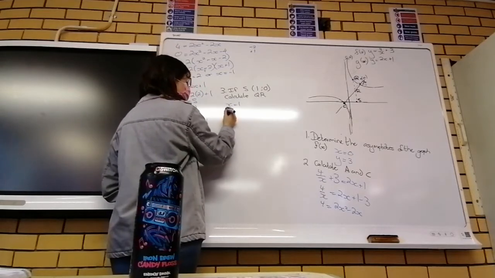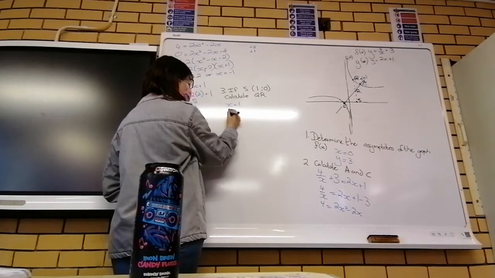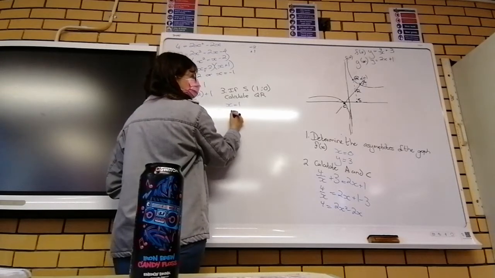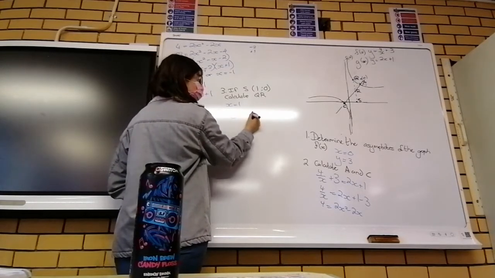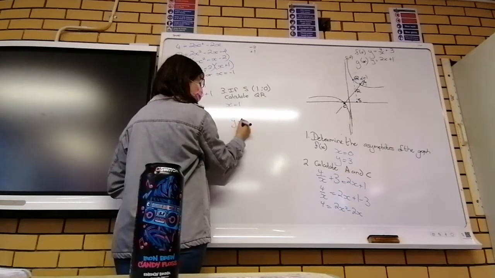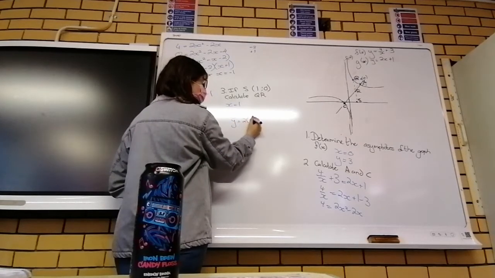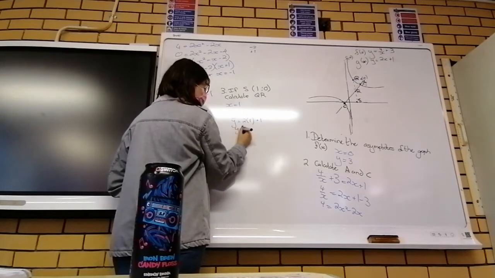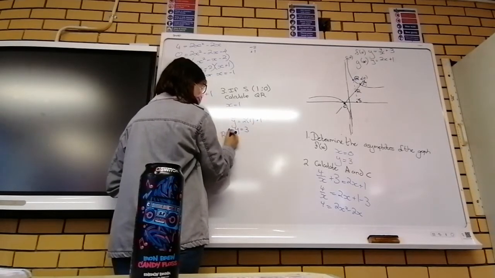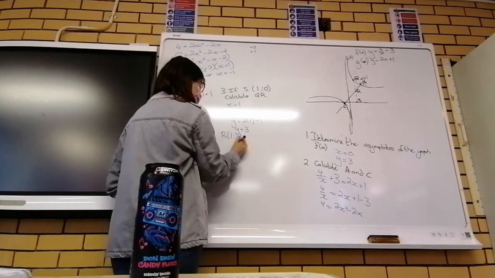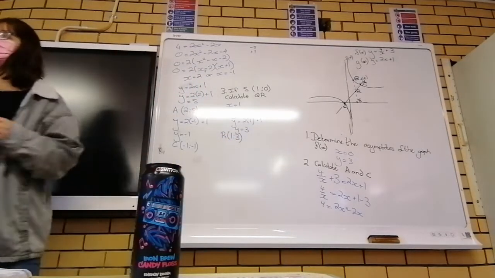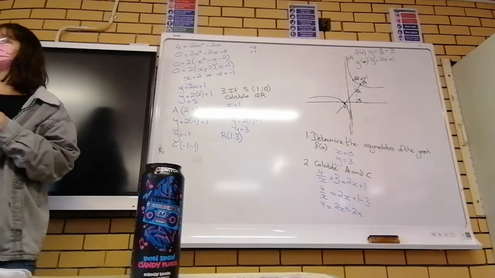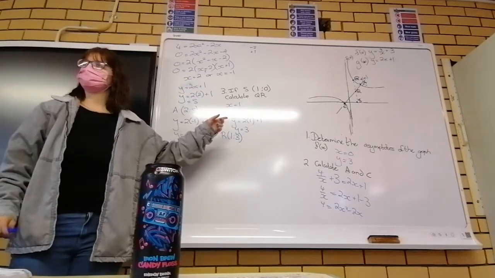So for R, y is equal to 2x plus 1. Y is equal to 2 times 1 plus 1, so y is equal to 3. So my point R is (1, 3). I plugged my x value into this equation.